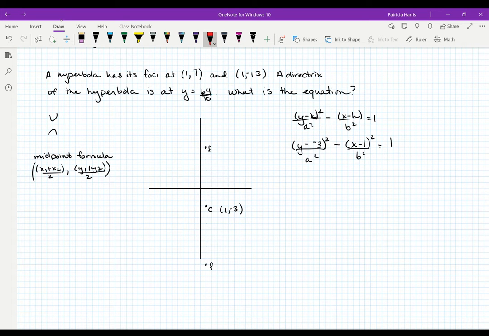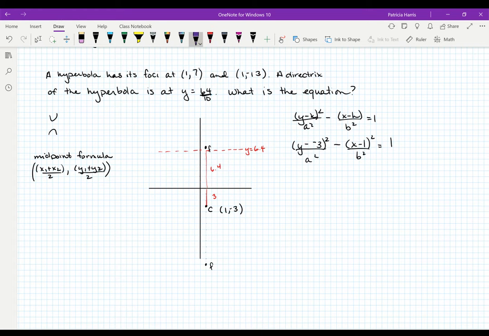So 1, 2, 3, 4, 5, 6.4. How far away is that from my center? Well, that's 6.4 right there, and that's 3.